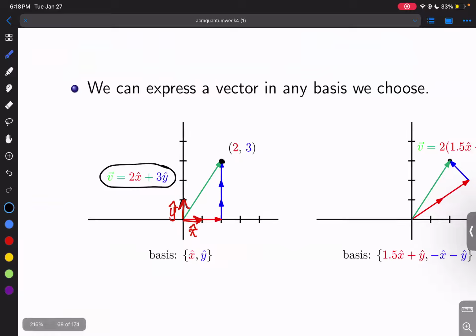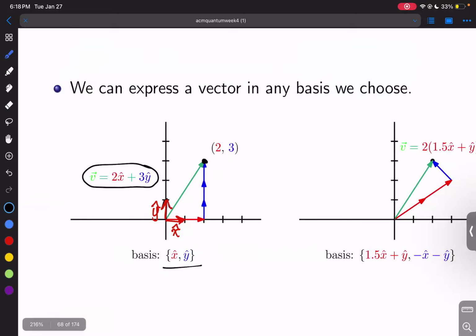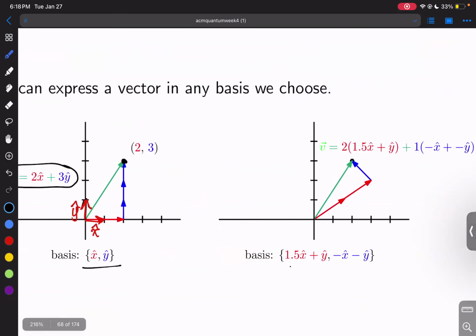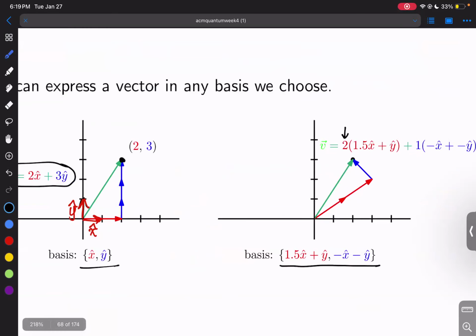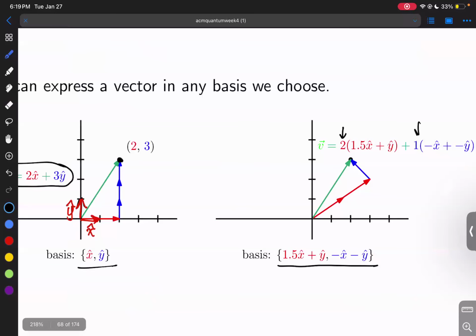But we can choose a different basis if we so choose. Let's define our new basis vectors as 1.5 times x plus y, and negative x minus y, in which case we can express the same vector as a different combination of the two, which is 2 times the first basis vector plus 1 times the second basis vector.